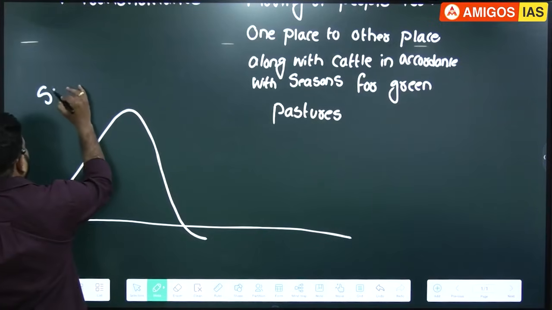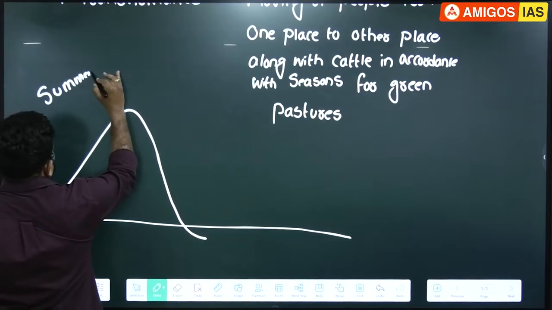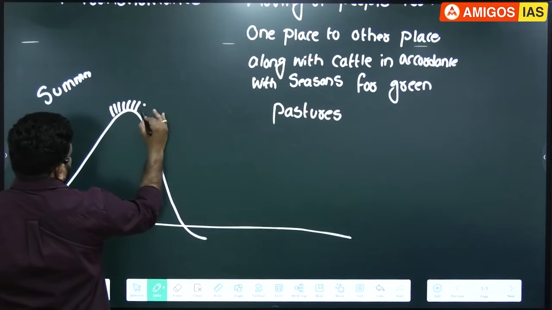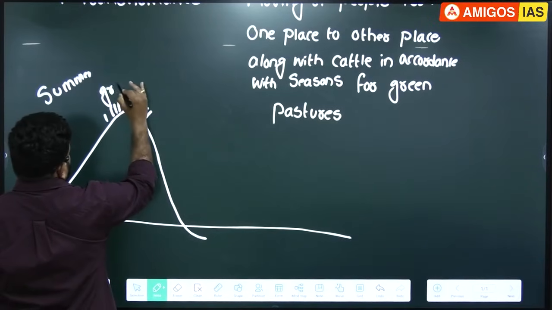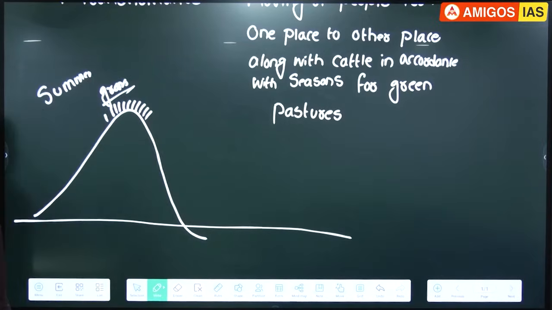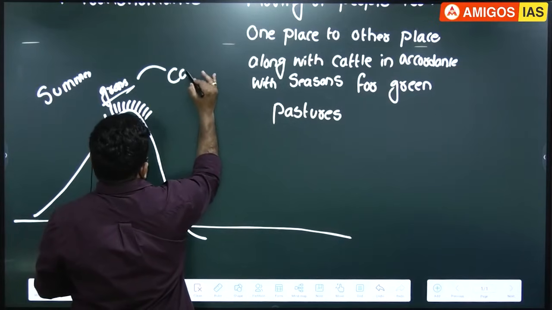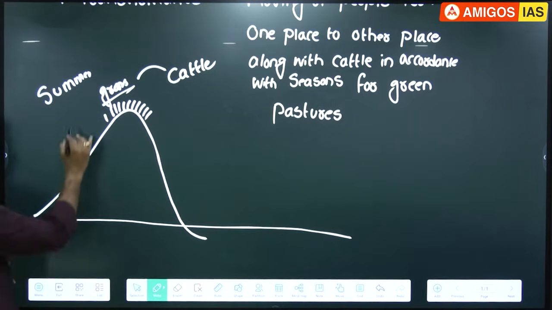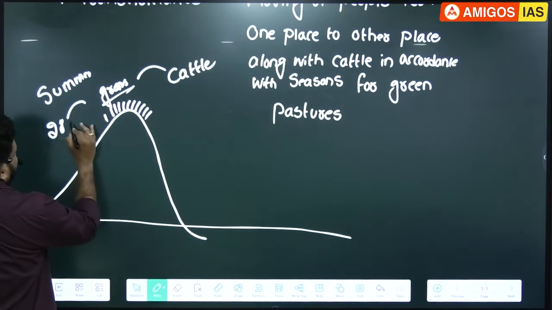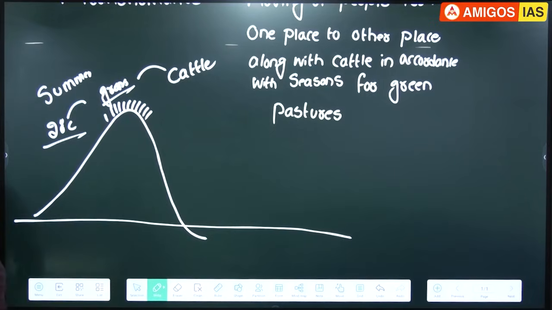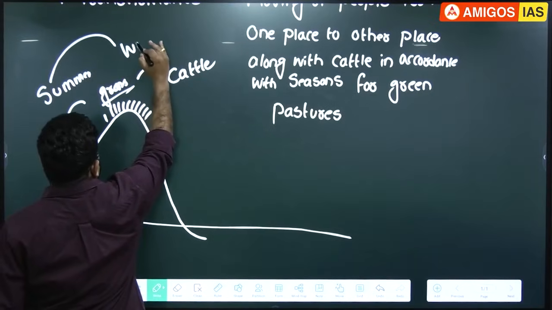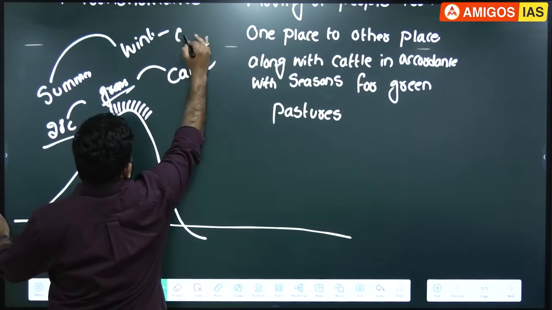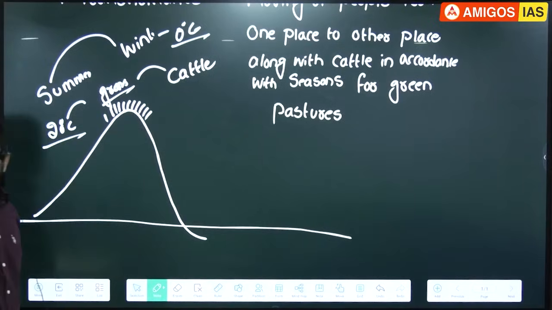During the summer, on top of the mountain you can find grass. This grass is consumed by whom? Cattle. During the summer, the average temperature here is 20 degrees Celsius. But whenever this area turns into winter, the temperature dips to 0 degrees Celsius.